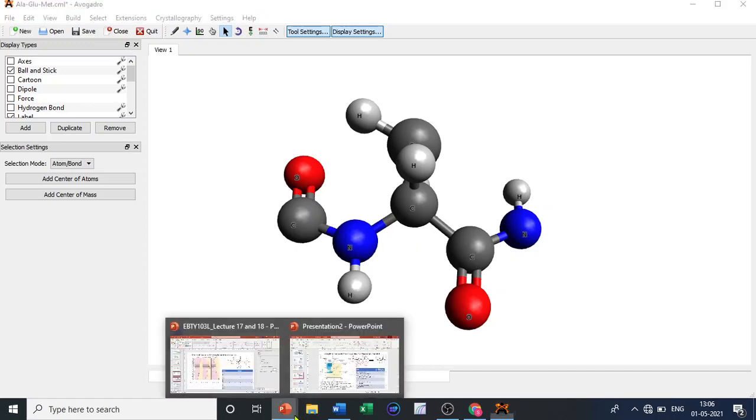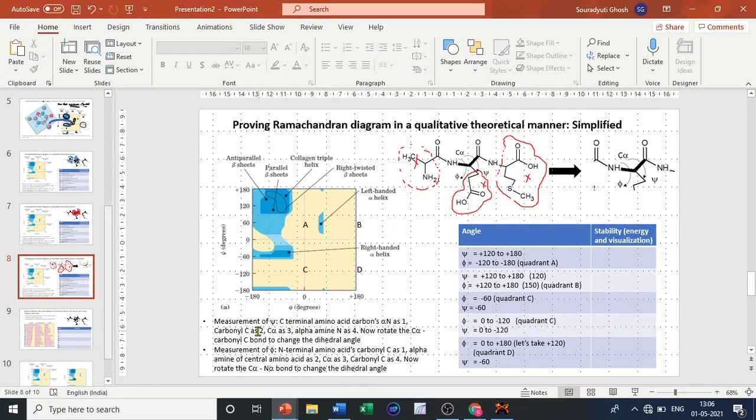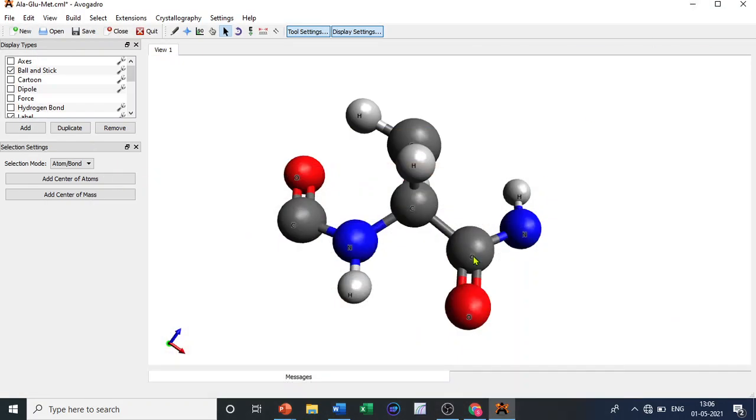So we have to label them as we said. Let's first measure the psi, that is, alpha nitrogen as 1, and we'll start from here: 1, 2, 3 and 4. This gives the dihedral angle right here.